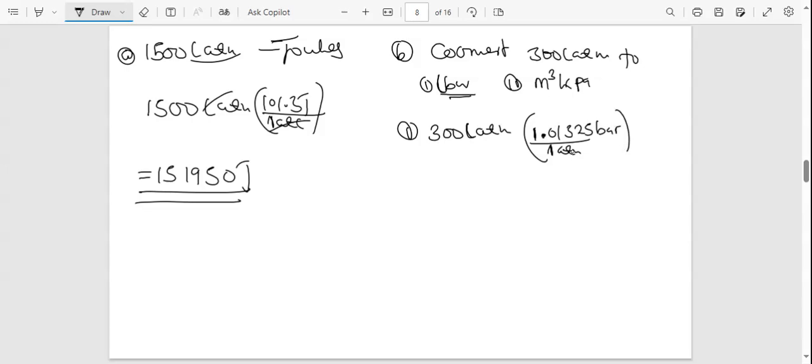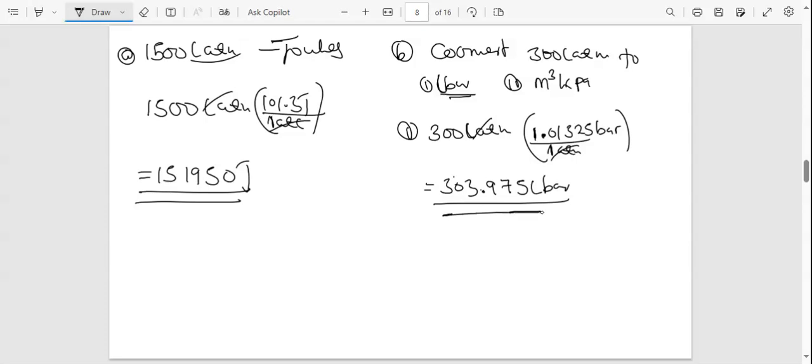From there, this and this will go. So we'll multiply 300 liters times that bar, and that will give us 303.975 liter bar, like that.